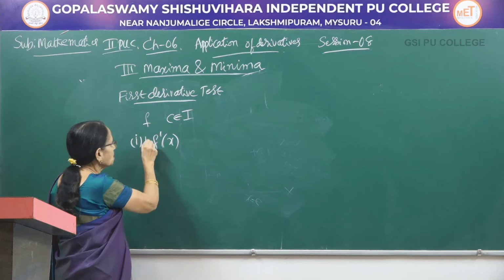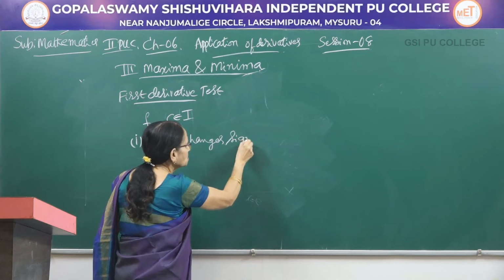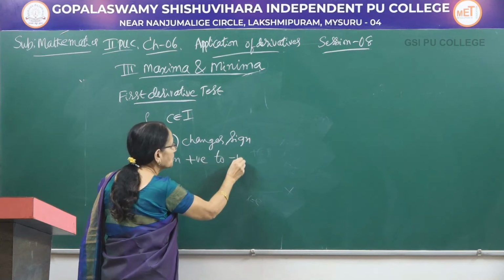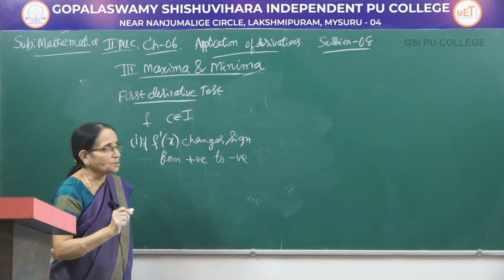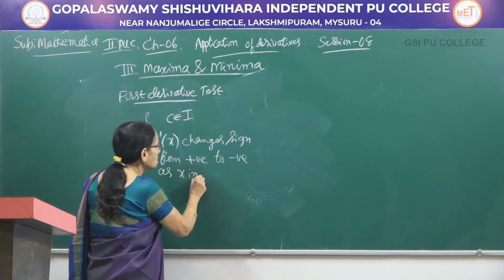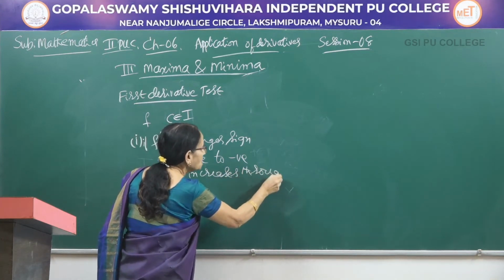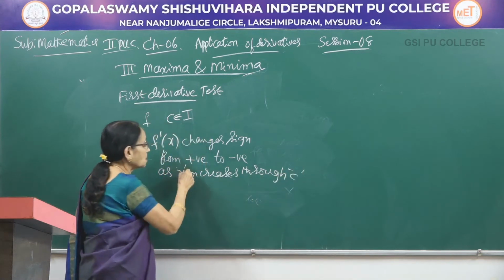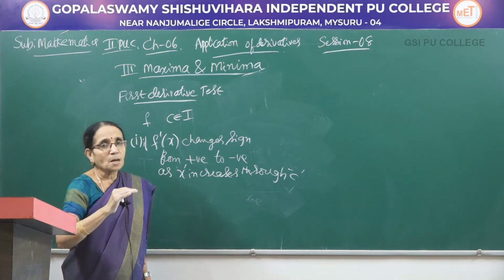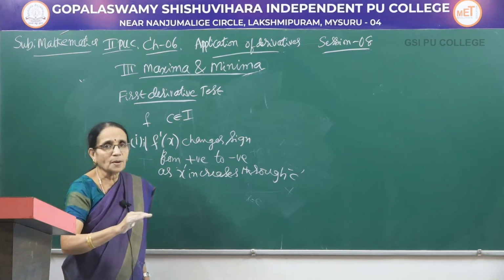If f dash x changes sign from positive to negative as x increases through C. Always remember, as x increases through C, the value of x will be continuously increasing, while y may increase or decrease.